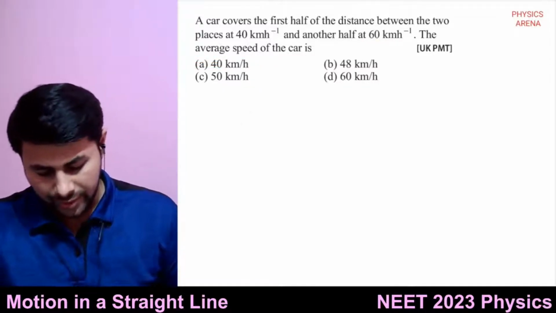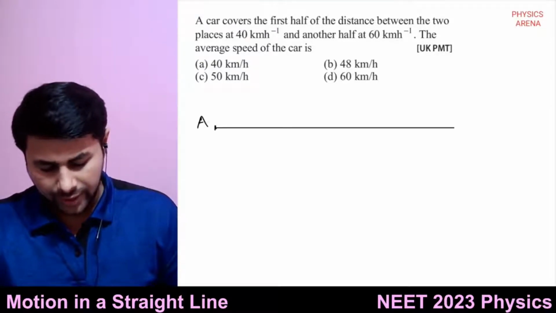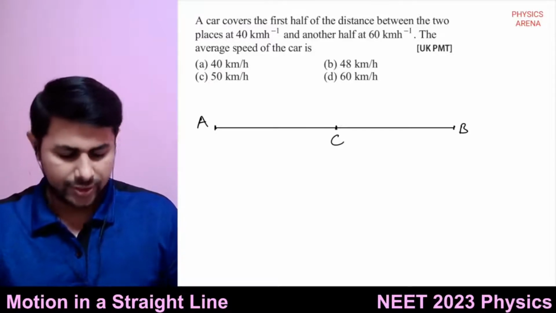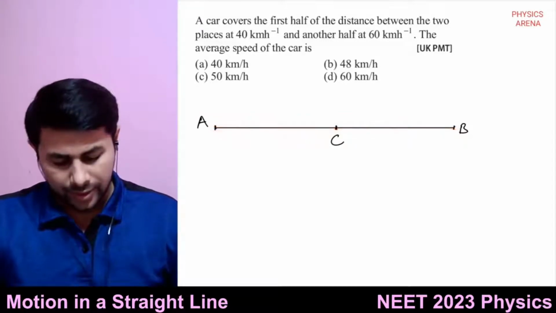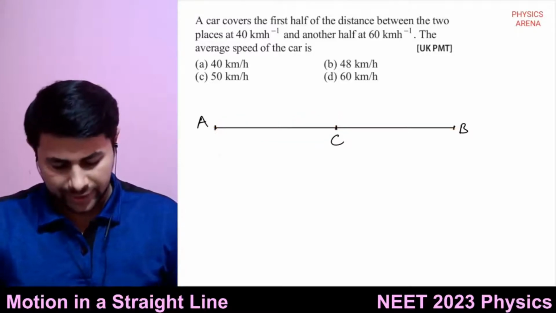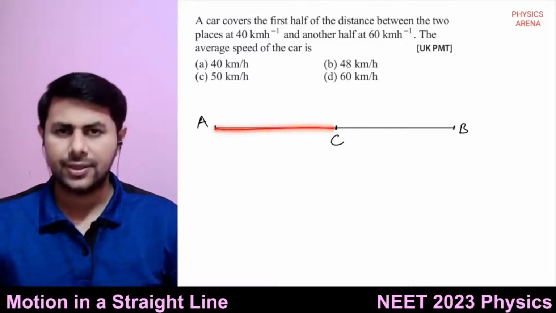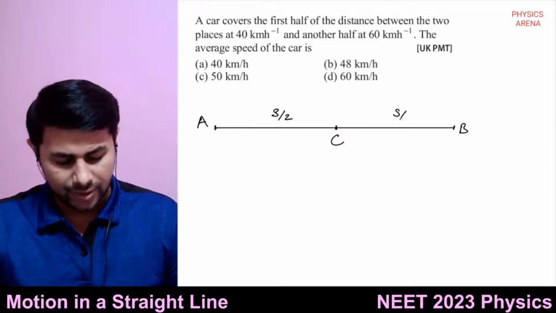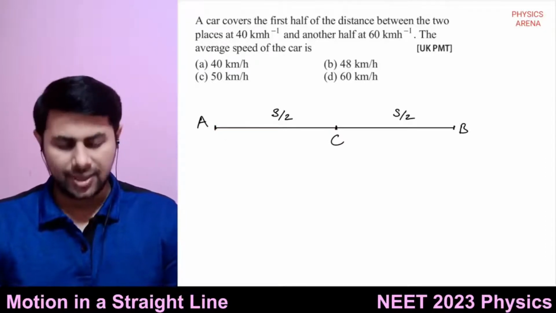Let's suppose the car moves from town A to town B, and there is another town C at the center of the road joining A and B. So it covers this much distance, the first half. Let's say the total distance is S. So how much would this distance be? S by 2. The distance between A and C, and C and B, is S by 2.